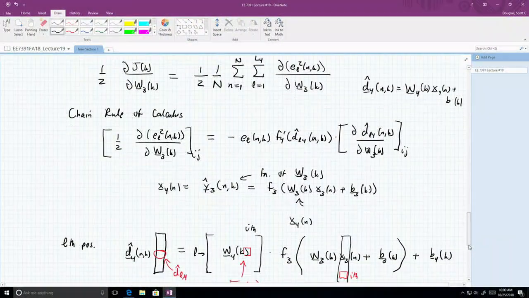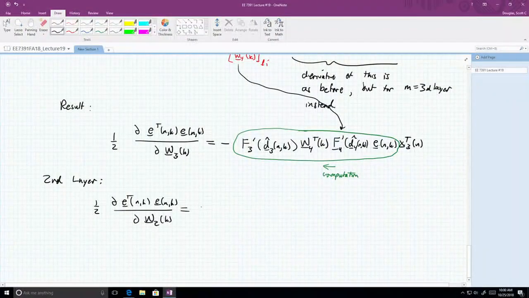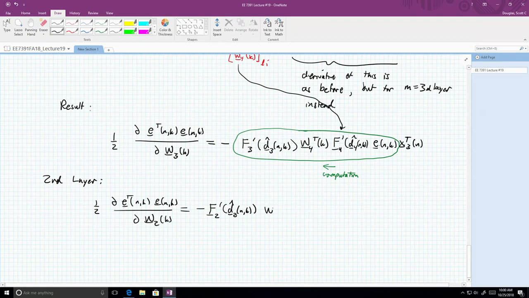So here we're going to have minus F2 prime D2 hat times W3, the next layer's weights, F3 prime D3 hat times W4, and then F4 prime D4 hat, and then finally the error times X2 transpose.